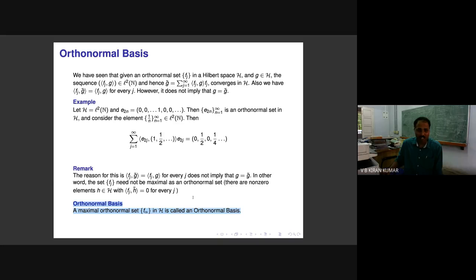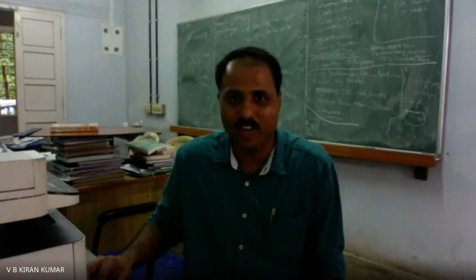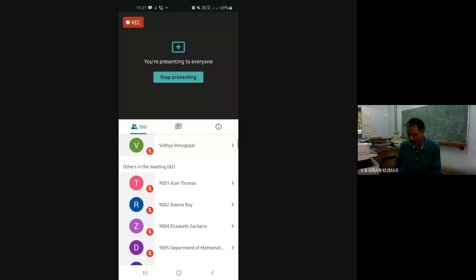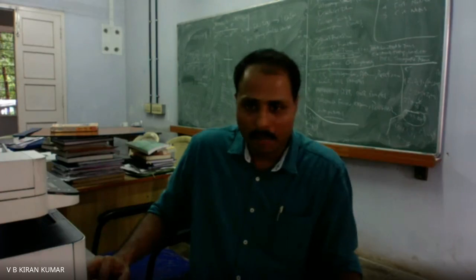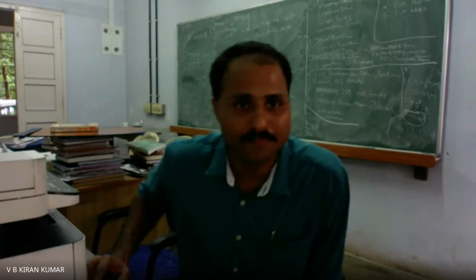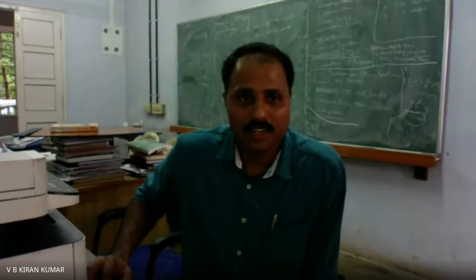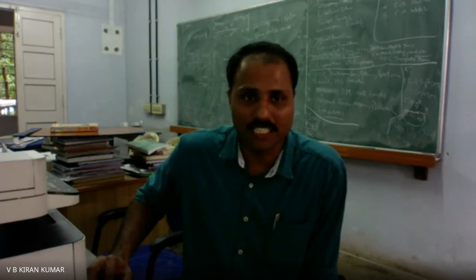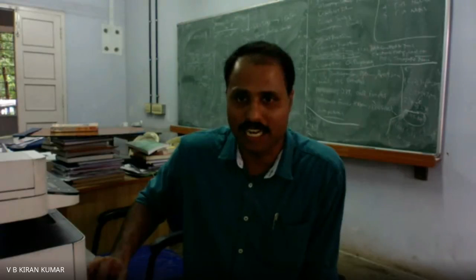And why is it called an orthonormal basis? Because of this representation: if you have an orthonormal basis, you have this g, you will get back g. That's something you will get just now. But before that, let me mention one more thing. In general, an orthonormal basis need not be countable. But you have some positive results here. Suppose that f alpha is an orthonormal set in an inner product space.